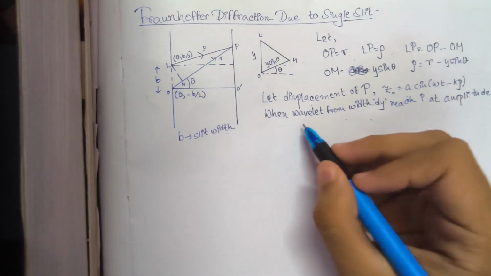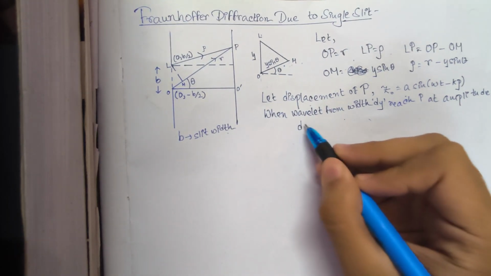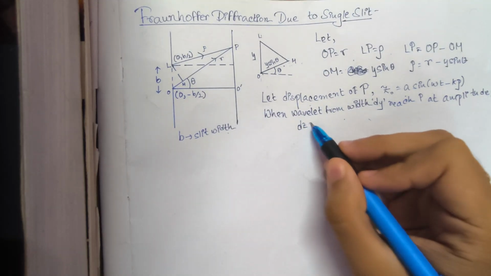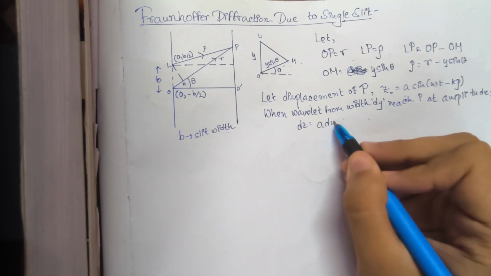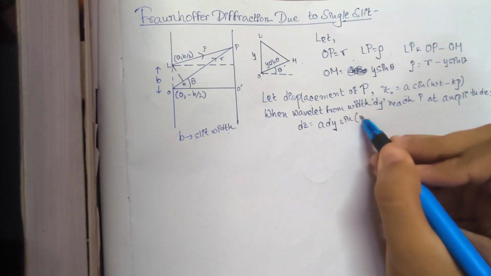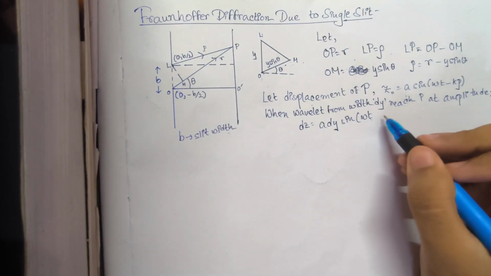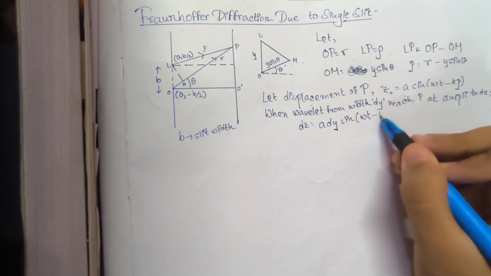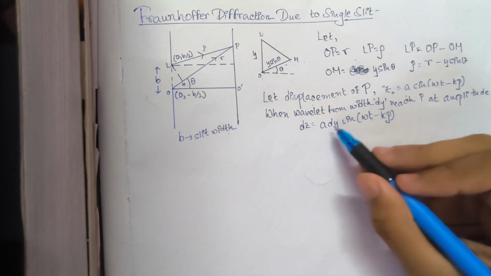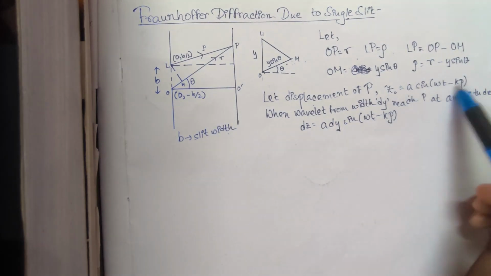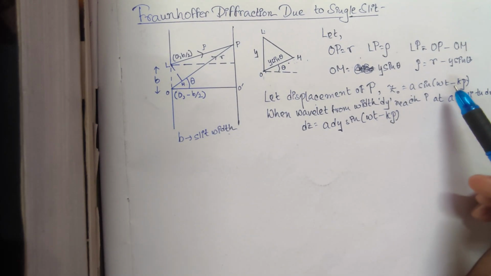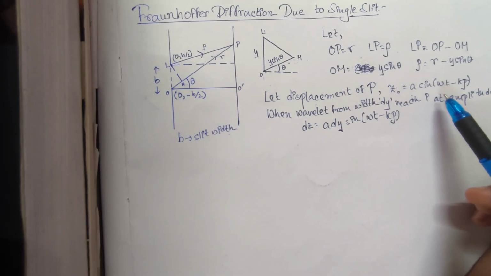So we can write for a small value, dz equals a dy sine omega t minus k rho. As we can see, z naught is the displacement of an SHM particle.